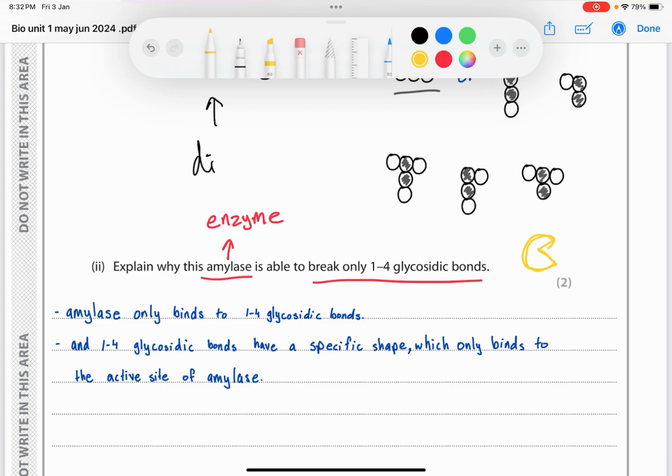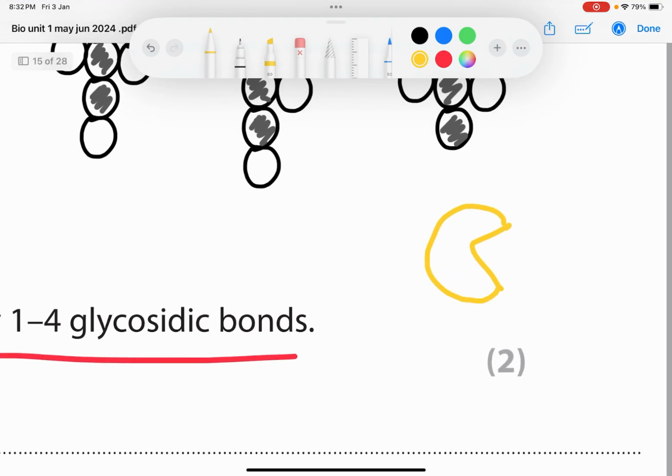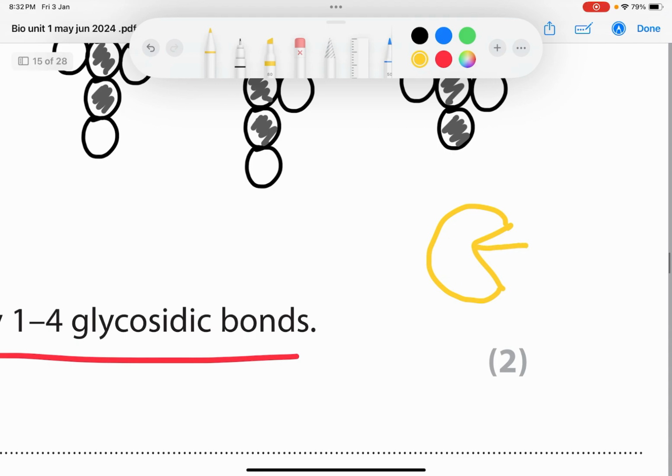So this is my enzyme. Let me draw better. Nom, nom, nom. So this over here is my little Pac-Man. He's my enzyme. This part over here, as you all know or should know, is the active site of an enzyme.